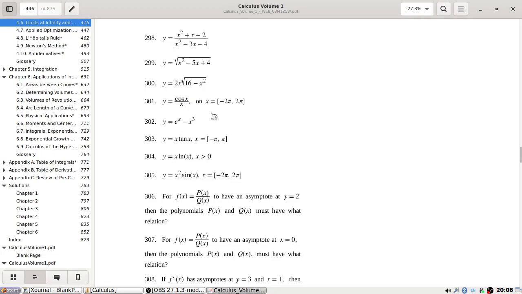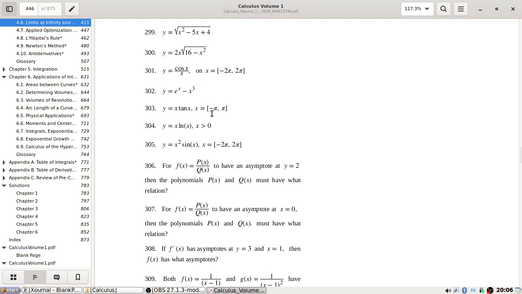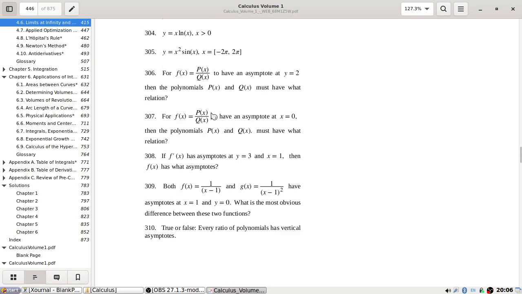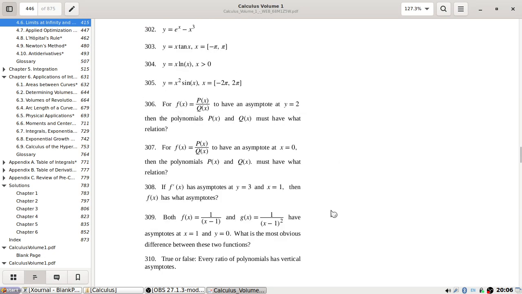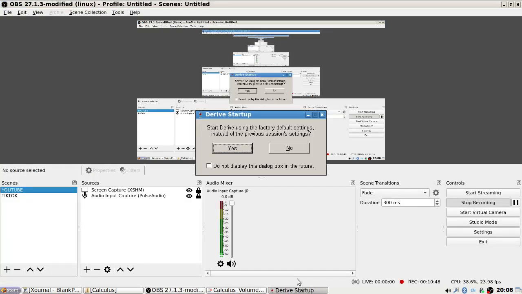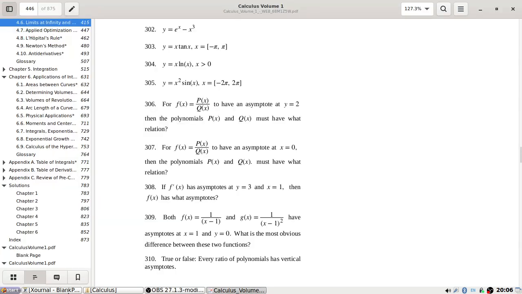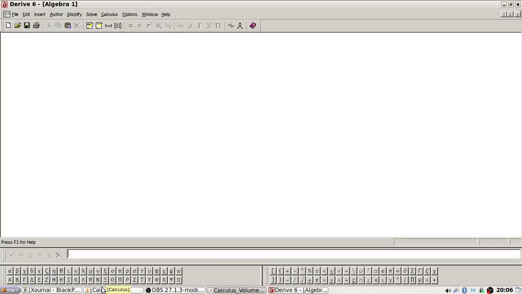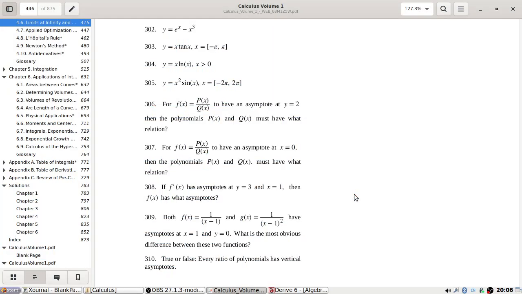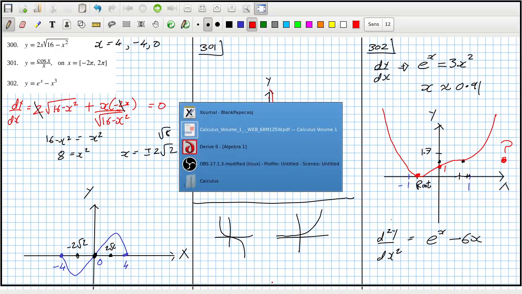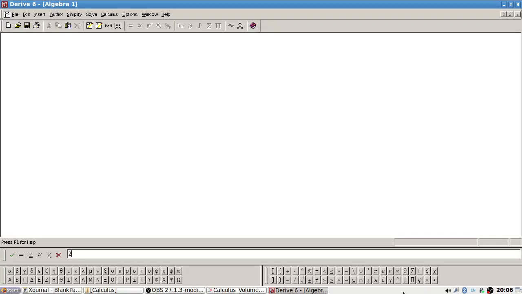Let's see. 2x square root 16 minus x squared.